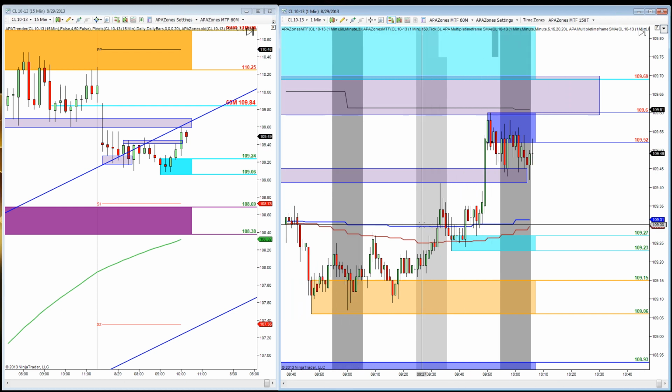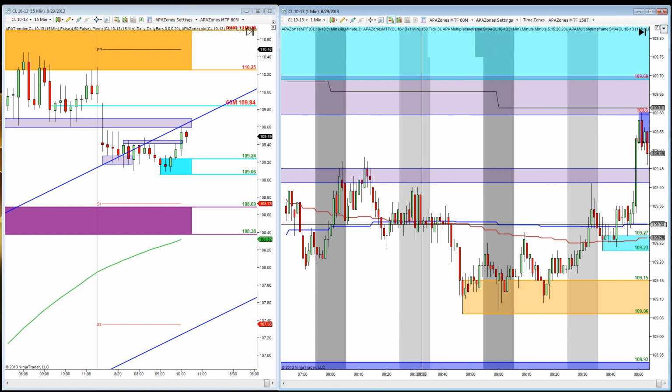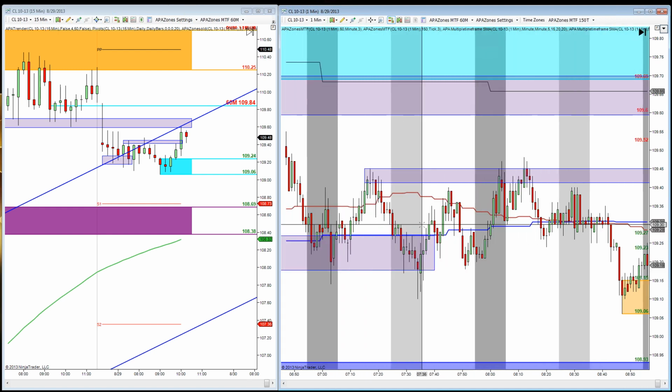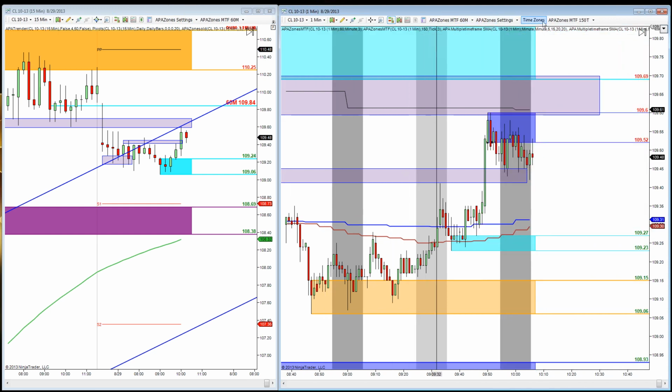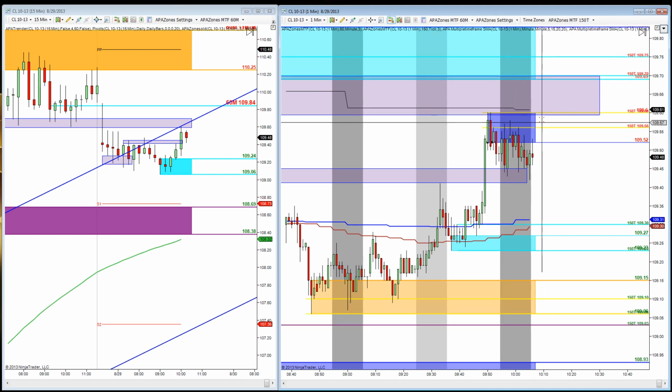And these zones are really going to vary in size every single time because they're dynamic. Sometimes zones are really big, sometimes they're not so big. The 150 tick is relatively small compared to that 1 minute.